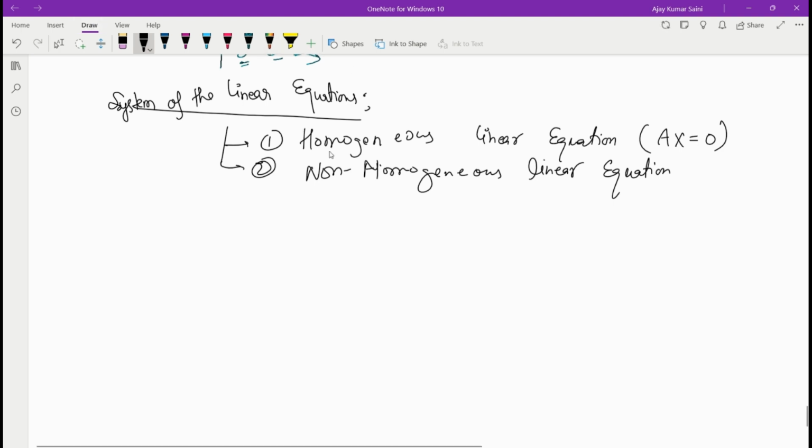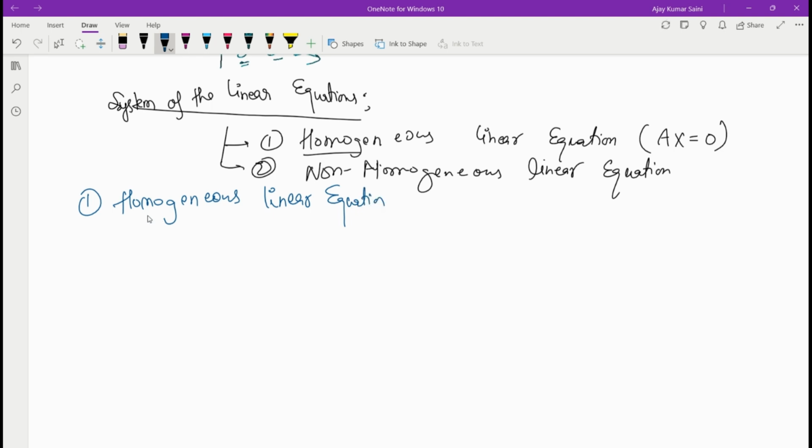Homogeneous linear equation. I also told you about the matrix.